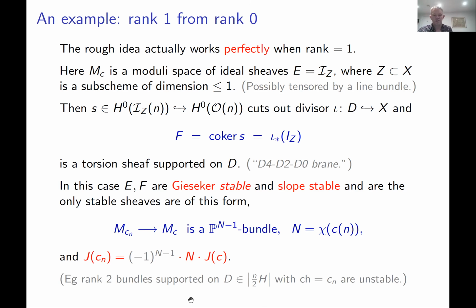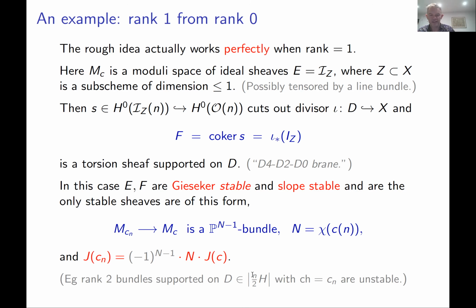So for instance, if instead of taking your divisor to be of degree n, you could take a divisor of half the degree. And then you've got two things you could do. Either you could thicken it scheme theoretically, so you could take twice the divisor by thickening it in the direction of X. That would give us one of these sheaves that we are counting, one of these Fs here.